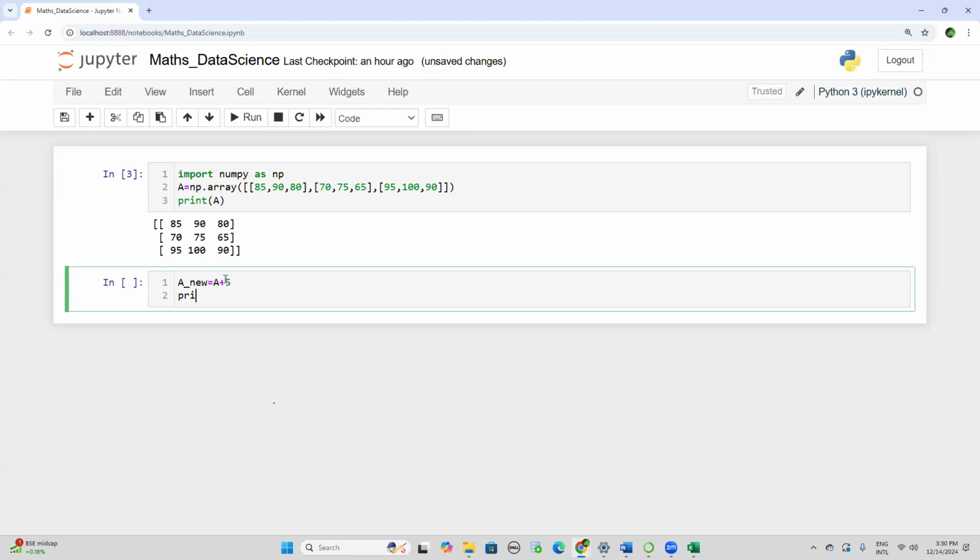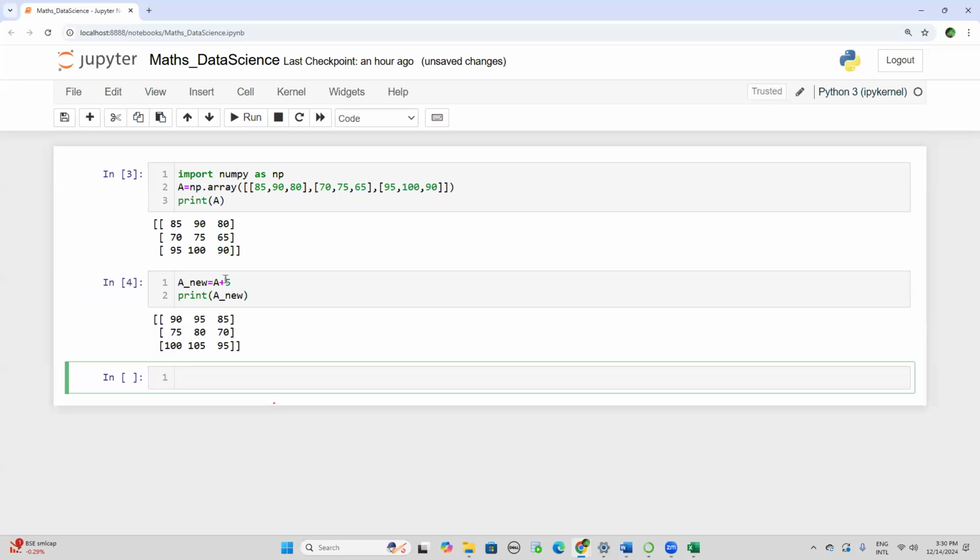Now check the value. Print A new. Verify. Do you think 5 has been added to each one of them? Yes. That is why if you know Python, it will ease your task of data analysis.